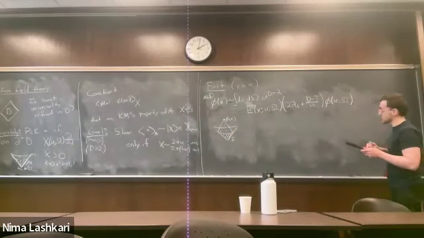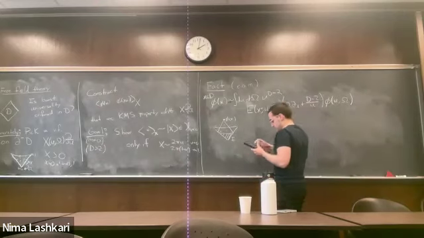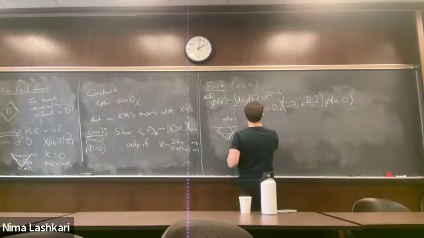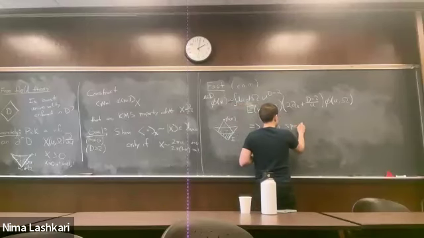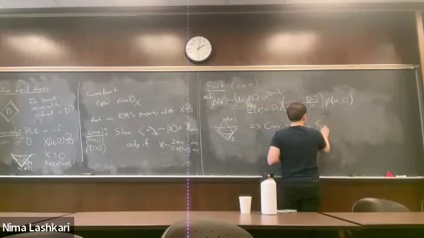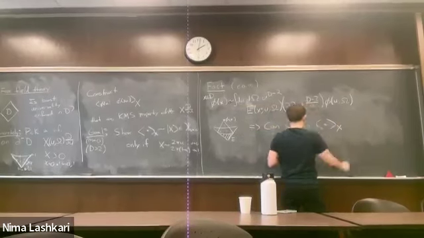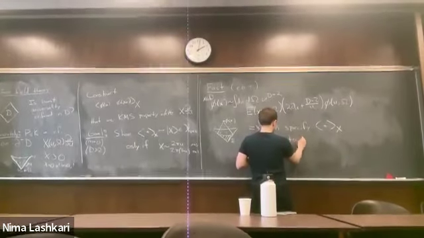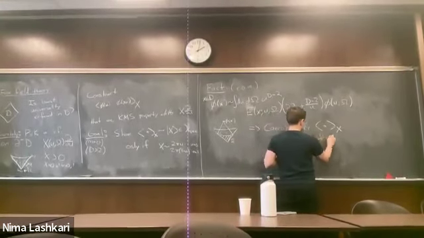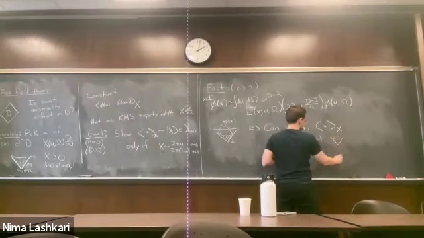So the reason we do this is because it means that we can specify arbitrary correlation functions effects just by specifying what the correlation functions look like for fields localized to the cone.